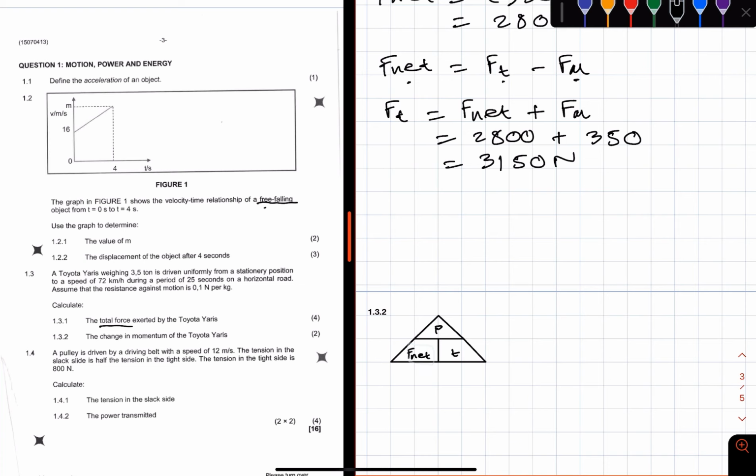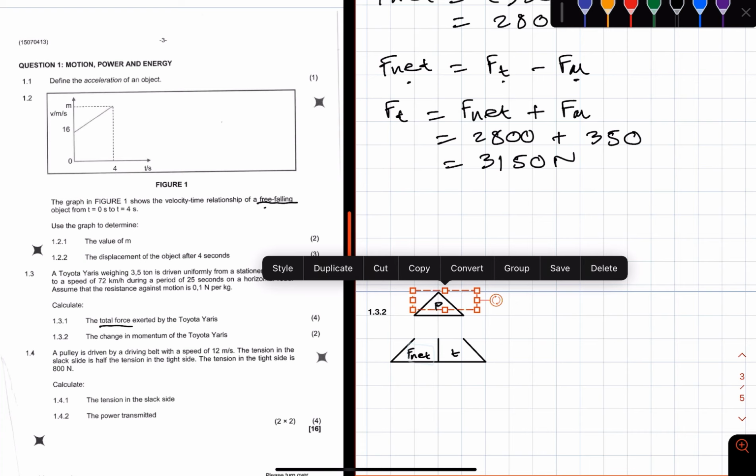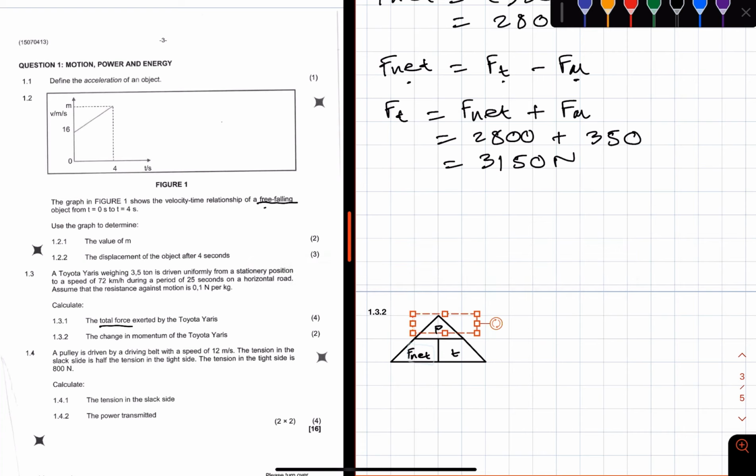But now we are not looking for F net. We are looking for the change in momentum. So the change in momentum is going to be equal to F net times the time. We have F net as well as the time.